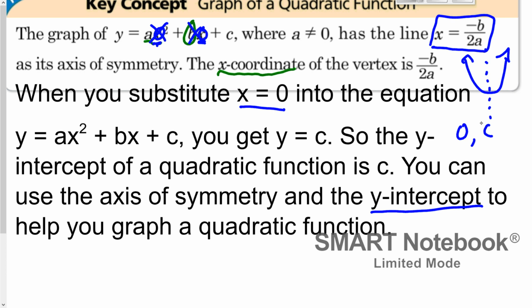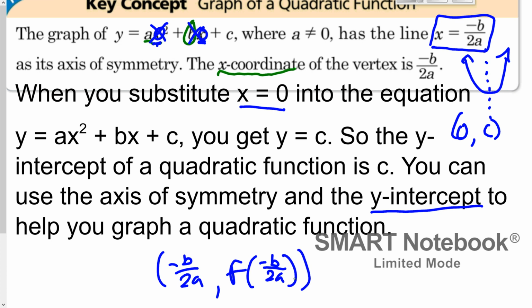So then we would have our vertex, which is negative b over 2a, and we plug negative b over 2a into our x, here and here, and we find our y. So there would be our vertex, we'd graph that point, and then we'd graph this point, and then we'd fold it over our axis of symmetry to get our third point.